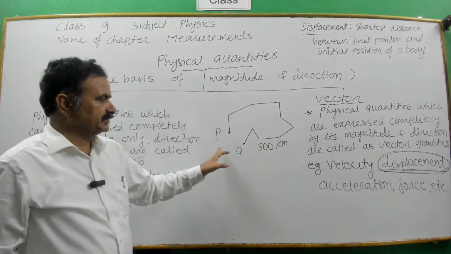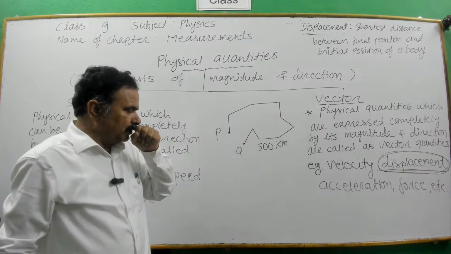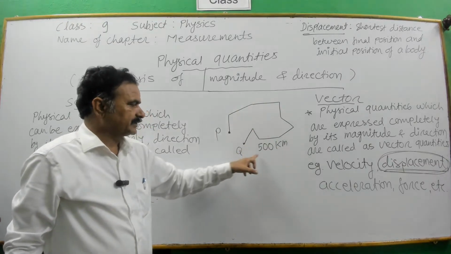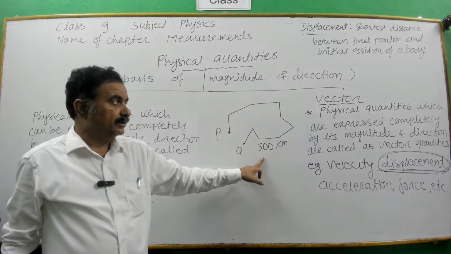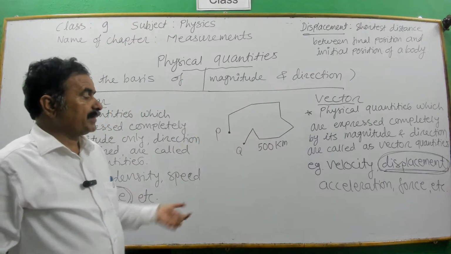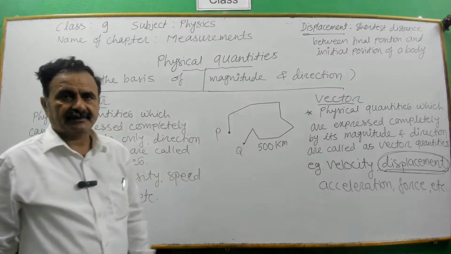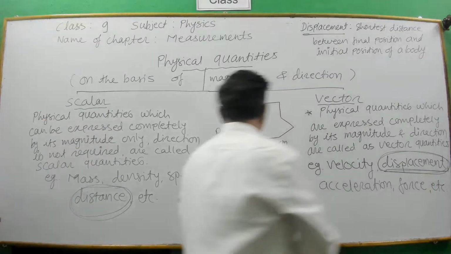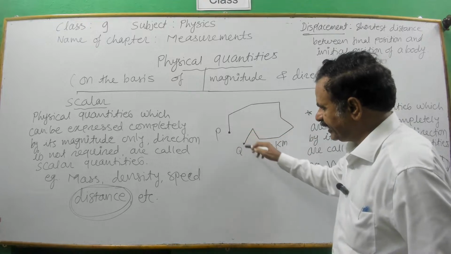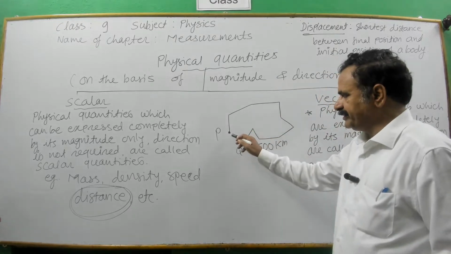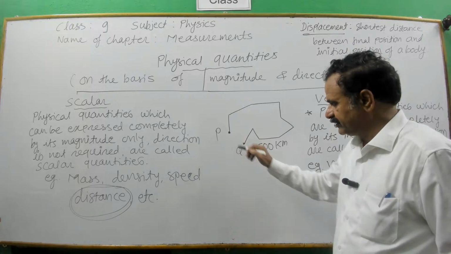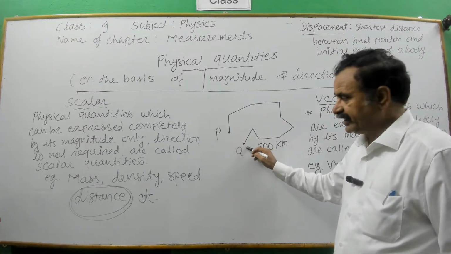So the distance traveled by me is 500 kilometers. But if we try to find my displacement in this condition, this is not the shortest distance between the two points. Point P is my initial position, point Q is my final position.